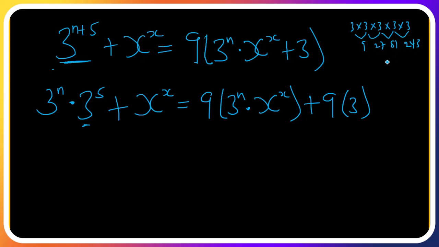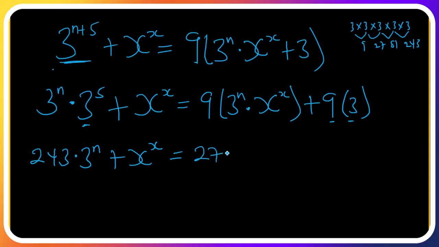So this is why we are getting 243 by 3 to the power n, plus x raised to the power x, equals 9 times 3, which is 27, plus 9 multiplying 3 raised to the power n by x raised to the power x.